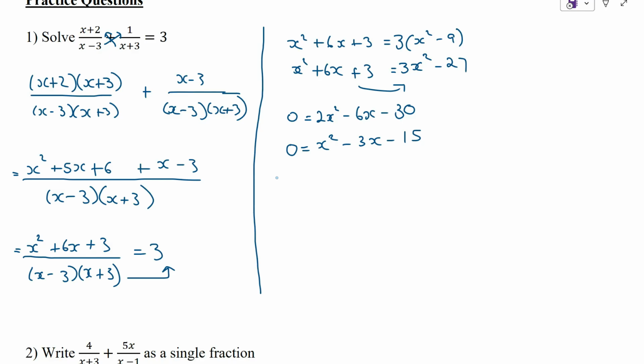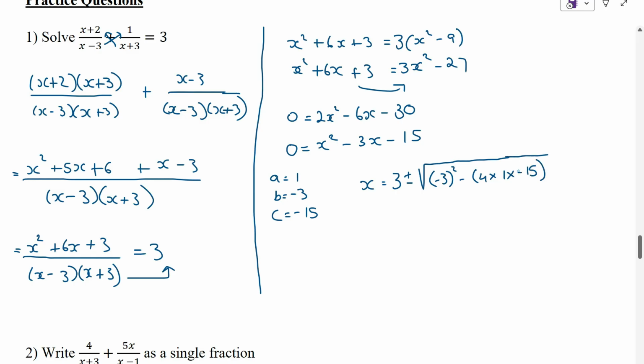So I'm just going to go ahead and write down the values for a, b, and c. Okay, so to solve for x, we are going to do minus b plus or minus the square root of b squared minus 4 times a times c, all over 2a.